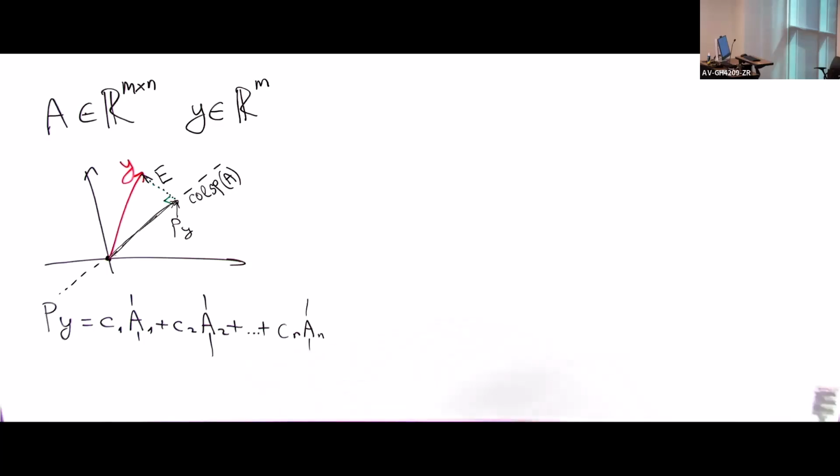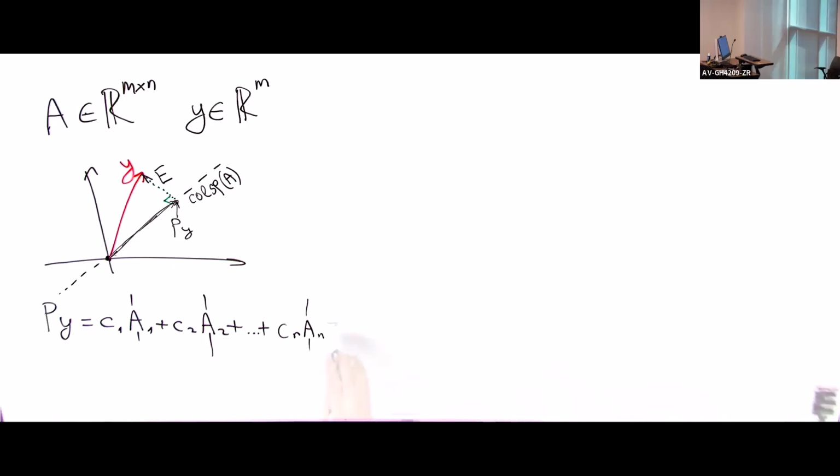You want that there will be some coefficients c1 through cn multiplying columns of A, and this is obviously a linear combination of columns of A, such that P times y will be written that way. This is what you want. Okay, so far?